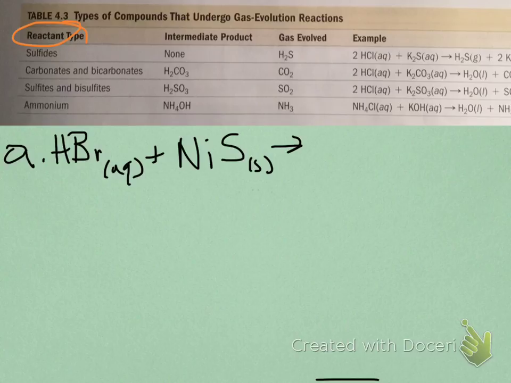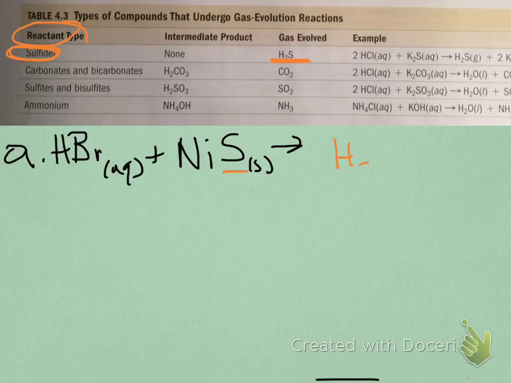So is the reactant type a sulfide, carbonate and bicarbonate, sulfites and bisulfites, or does it contain ammonia? Well, it has this sulfur, which means that we are dealing with a sulfide reactant. So we know that H2S is going to be a product.